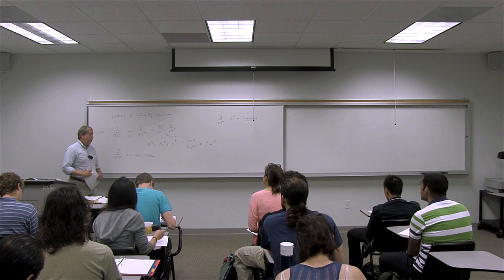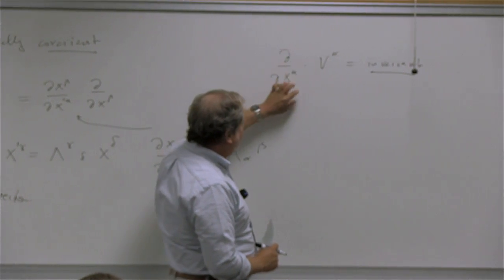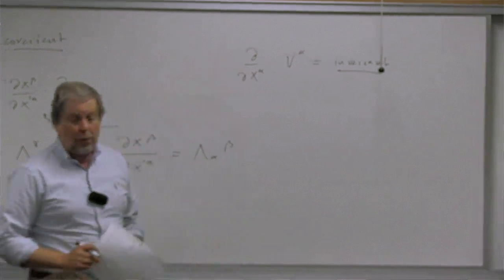So this would be like a 4 divergence. So this object, even though the index here is upstairs, acts like an object where the index alpha is in fact downstairs.